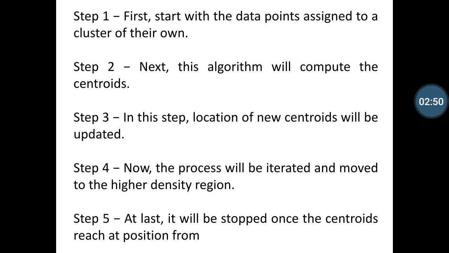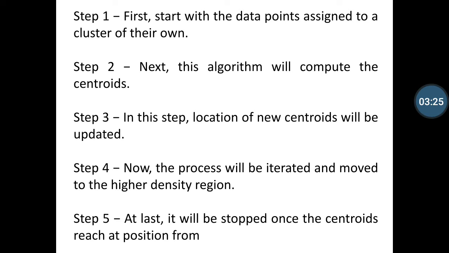There are 5 steps used in the mean shift algorithm. First of all, we start with the data points assigned to a cluster of their own. It means we assign the data points to a particular cluster, and the next step is the algorithm computes the centroids, the data points collected in a centroid.